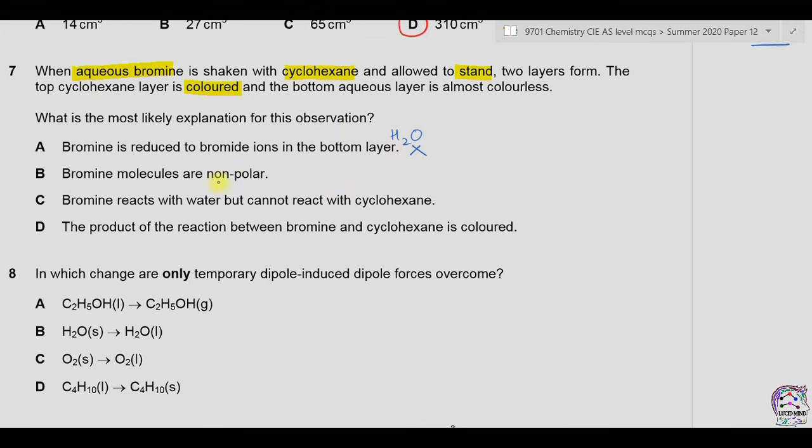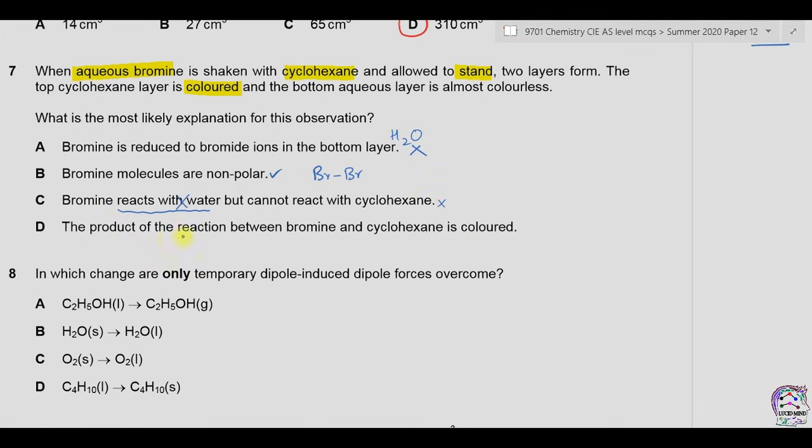B. Bromine molecules are nonpolar. Yes, the bromine molecule is nonpolar because there are no opposite charges. Both are bromine atoms, both have similar electronegativity, so therefore the molecule is nonpolar. This could be correct. C. Bromine reacts with water but cannot react with cyclohexane. Bromine does not react with water, so therefore this is wrong.